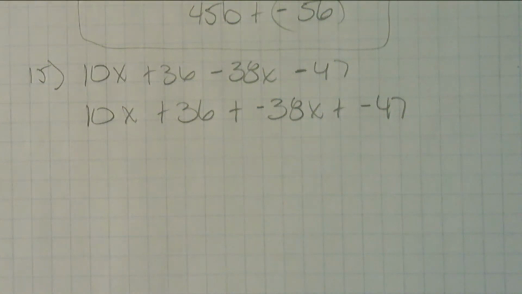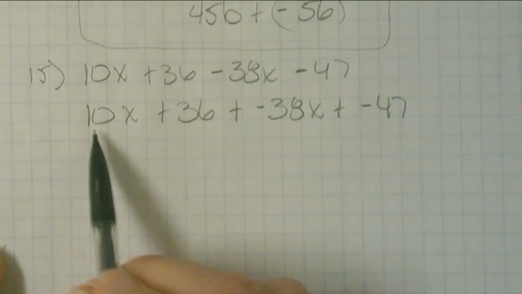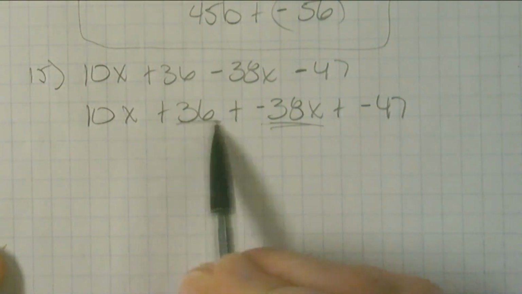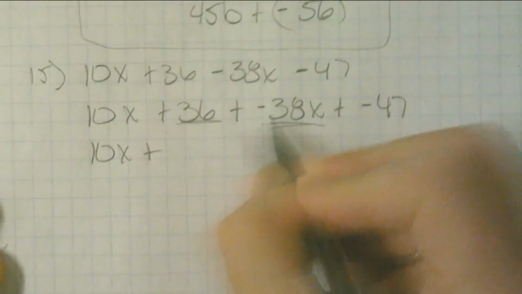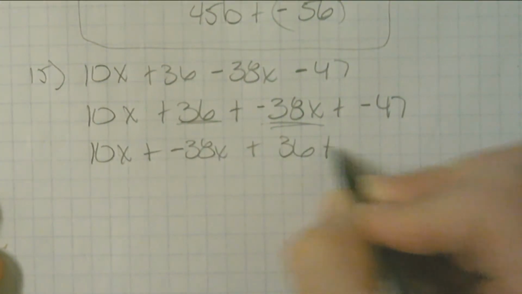Okay, now what do I do? Alex? 36. So we switched those order, and that moved my like terms together, right? Awesome. So I have 10x plus a negative 38x plus 36 plus a negative 47.